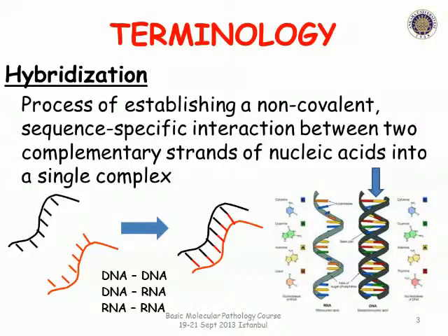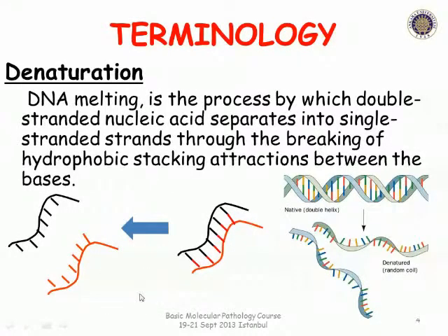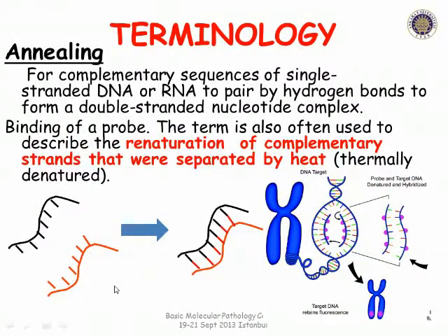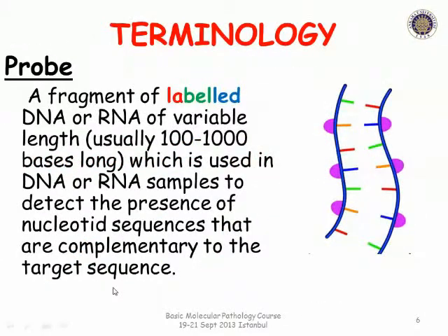So during hybridization, it can be between DNA and DNA, DNA and RNA, or RNA and RNA. You know what denaturation is: it is the separation of the double helix complex, and annealing is a sort of renaturation. So these are the important issues for hybridization.